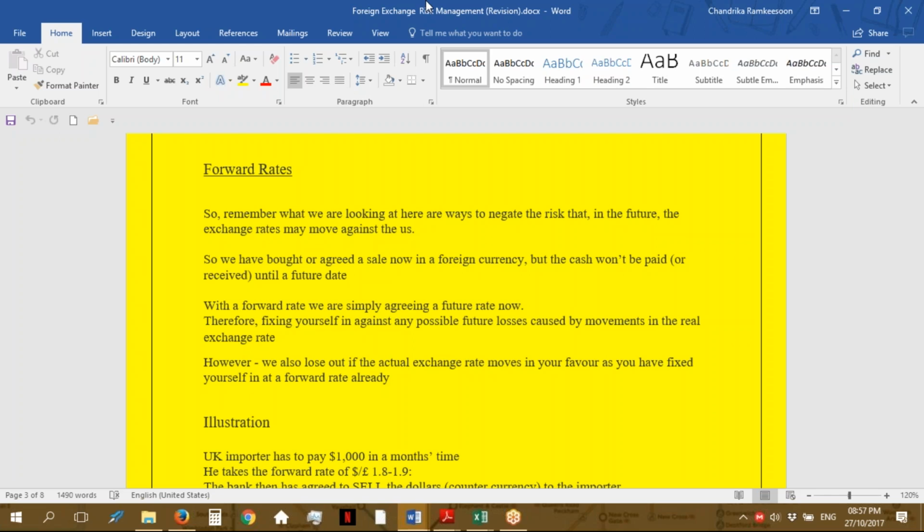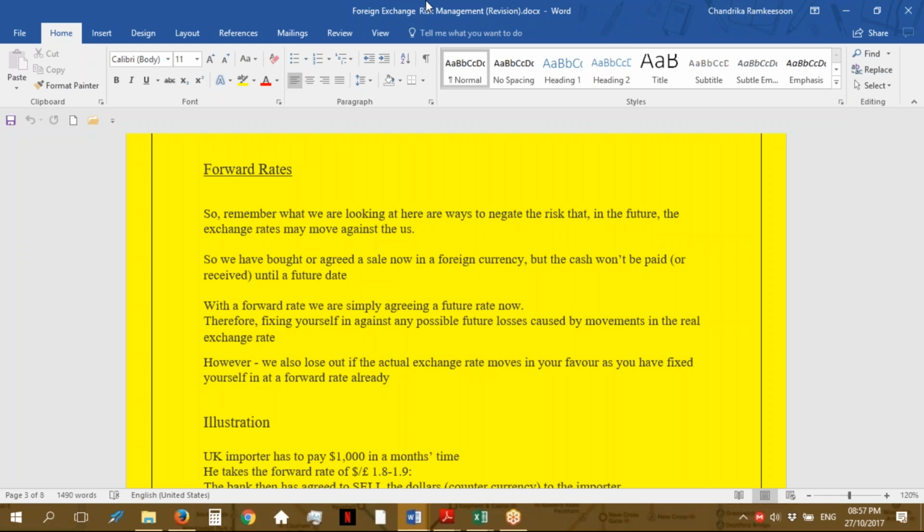So you go to your bank and you say, look, bank, let's say again, it's the UK firm, and they will be receiving $1 million in 3 months' time. But of course, they don't know what the rate will be then. They can choose to do nothing and say, well, when I receive the $1 million, I'll go to the bank, whatever the spot rate is then, I'll use that.